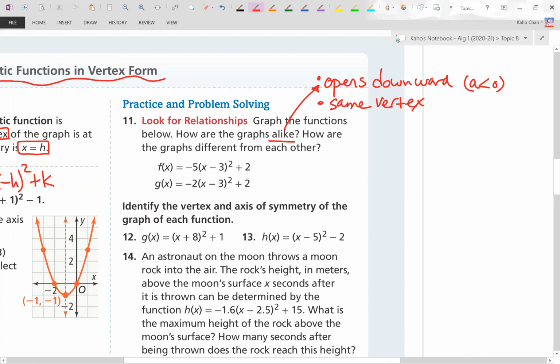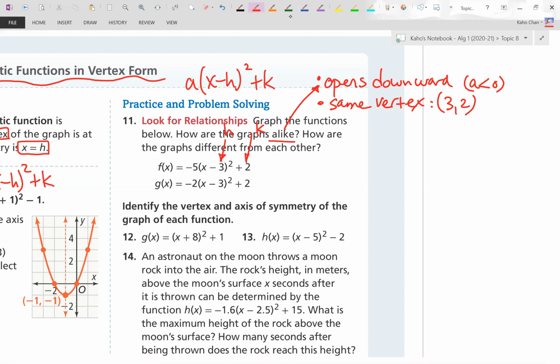H, k. Remember the formula. Their h's and k's are the same. In this case, the vertex is at 3, 2. H is always backwards, okay? That's awesome. How are they different from one another is the other question. They're different because of one value, their a value.